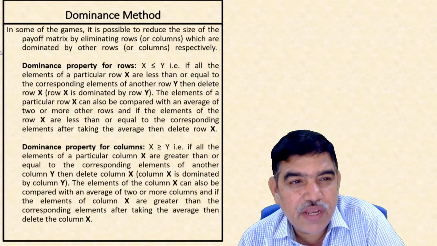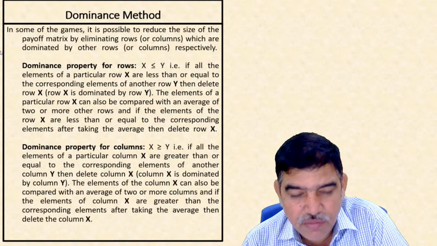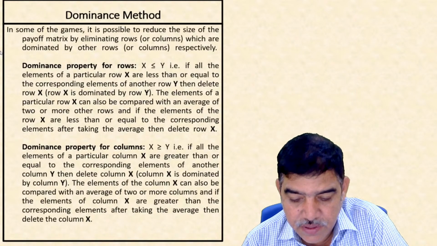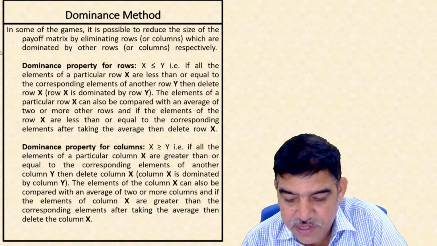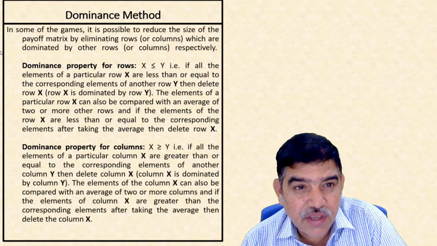Whenever we apply the dominance method to solve the game problem, we follow the dominance property. Dominance property means in some games it is possible to reduce the size of the payoff matrix by eliminating rows or columns that are dominated by other rows or columns respectively.